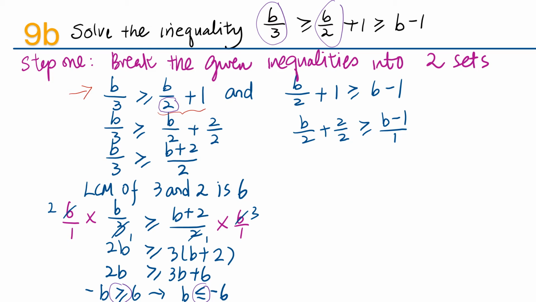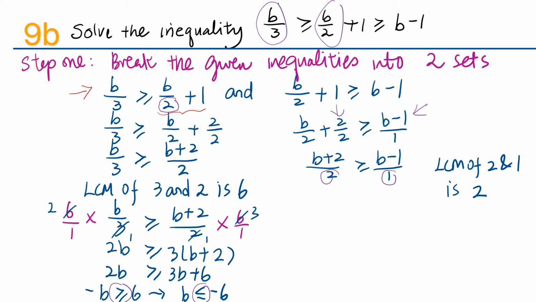Likewise, I write 1 as 2 over 2 so that I can combine with b over 2 to form a single fraction. And then also on the right hand side, b minus 1, I write it as b minus 1 over 1. Okay, the reason is I want to find the LCM for 2 and 1, which is 2.